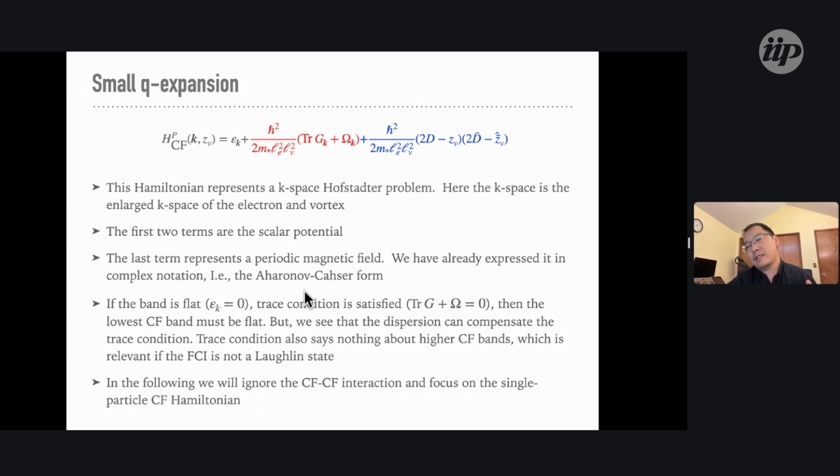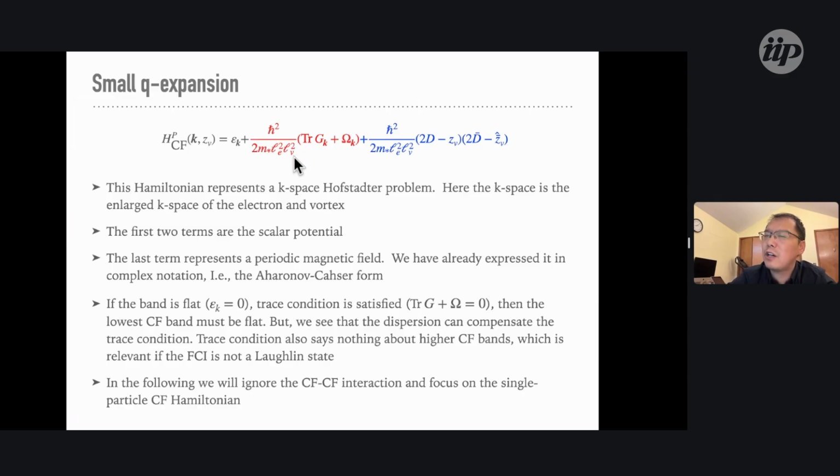But the second band, the third band, they can have some fluctuations. They can have dispersions. Which means that even if the trace condition is not satisfied, but you have a band dispersion there, you can compensate the trace condition.